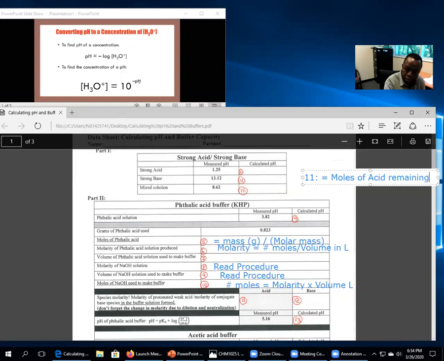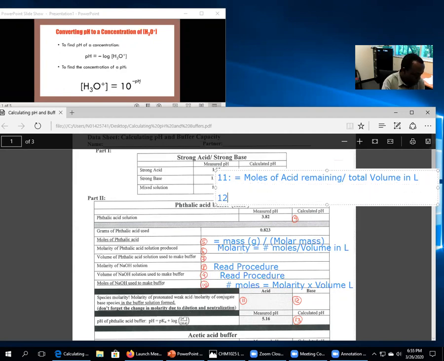Once you convert to that, divide by the total volume in liters. That will be the molarity of the species. So if I'm looking for the acid, that is what it is.